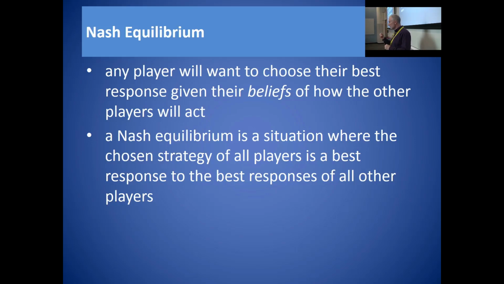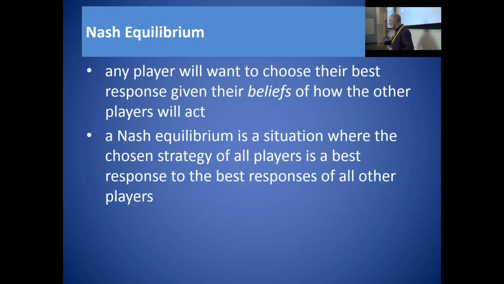It will mean that we have an outcome, a situation, where all players within the game are choosing a best response, are choosing an optimal strategy. And these are best responses to the best responses chosen by all of the other players within the game.